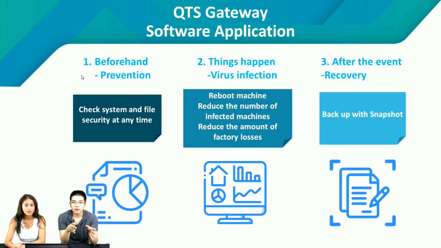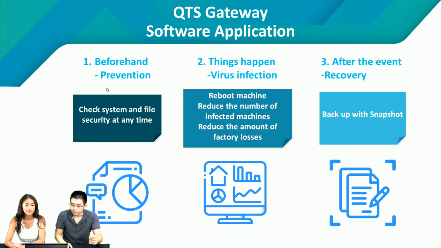And when things go back to normal, how can we prevent and rearrange everything to make ourselves stronger to protect ourselves from the next attack? So basically we will have these three parts: beforehand, when things happen, and after the event.